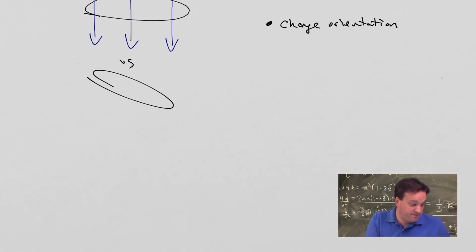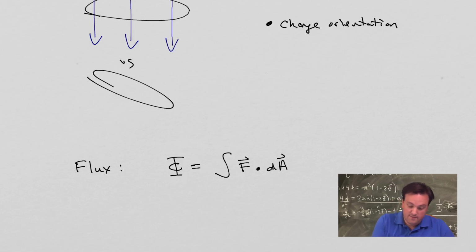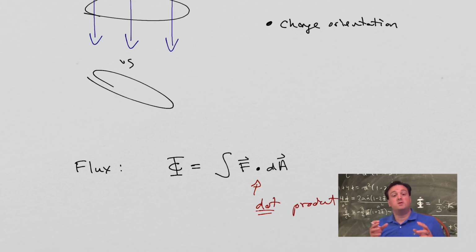And so my definition of flux, which we abbreviate with the capital letter phi, is going to be the integral over my vector field, which I'm writing here generally as F, dotted with my surface, and here I'm talking about dA, an infinitesimal piece of my surface, but I'm integrating the vector field over the surface, but of course I have a dot product which is going to give me information about the relative orientation of my surface with my vector field, right?